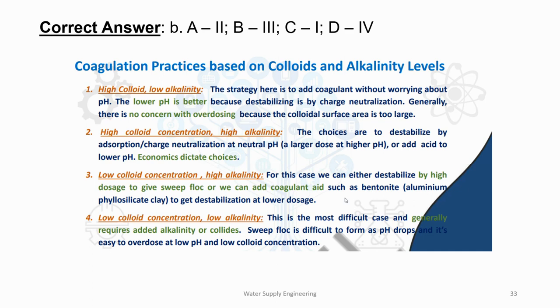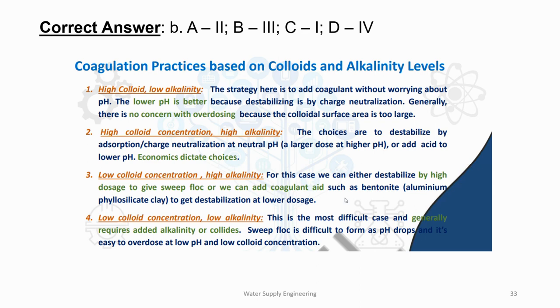Here the colloid concentration is already high, so we need to add more coagulant since the colloidal surface area available is large, and since the pH is low, it is better because destabilization is by charge neutralization. So lower pH will be aiding charge neutralization.